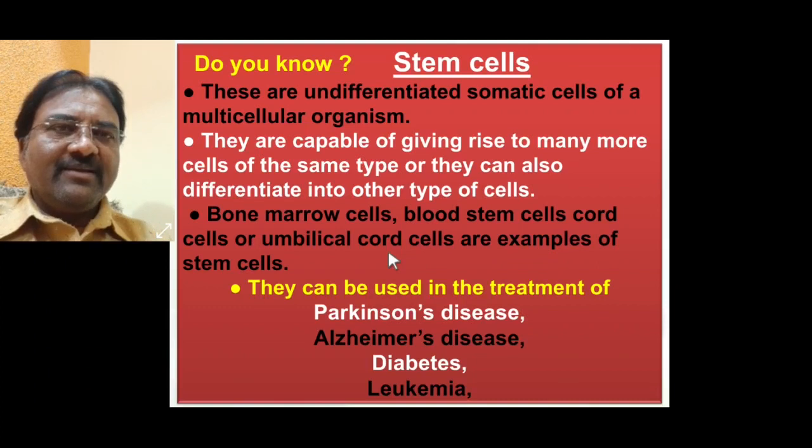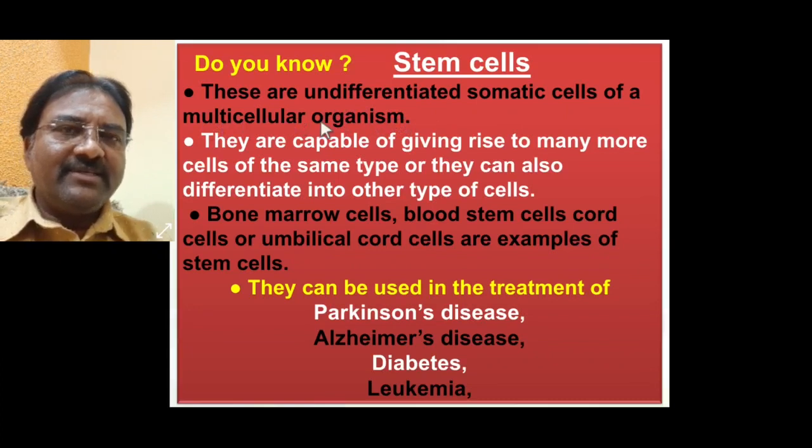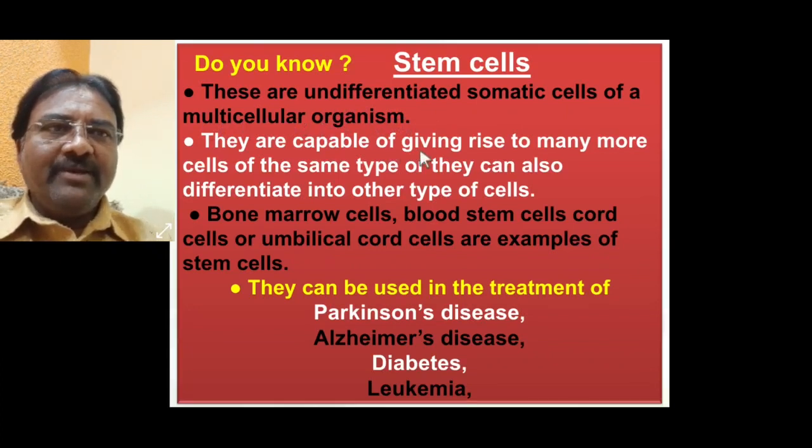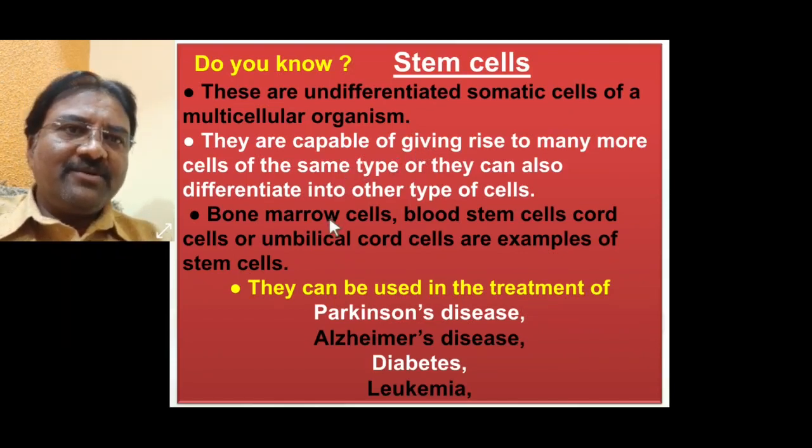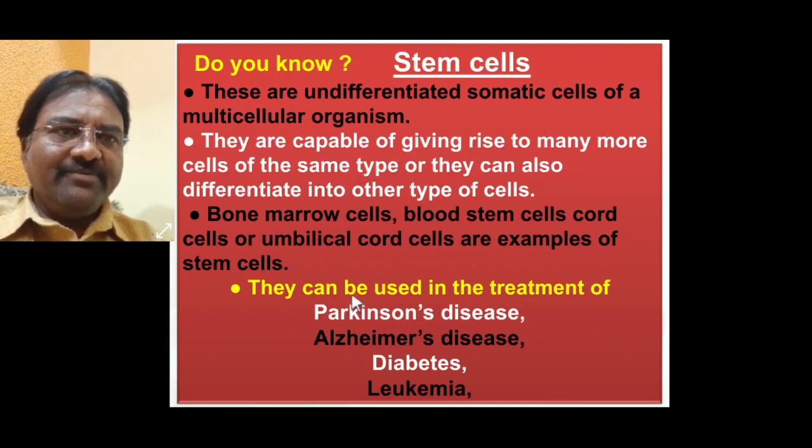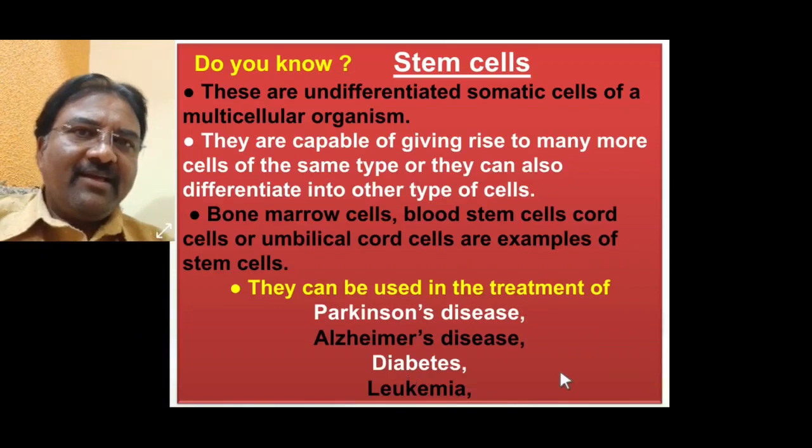Here we discussed stem cells: simply, they are undifferentiated somatic cells present in multicellular organisms, capable of giving rise to many more types of cells or other types of cells. Most stem cells can be used in treatments of diseases like Parkinson disease, Alzheimer disease, diabetes and leukemia.